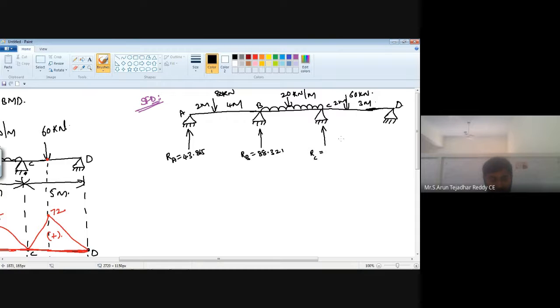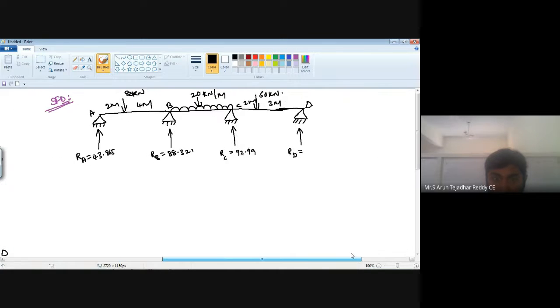RC is equal to 92.99. RD is equal to 14.824. Okay. Now here the span is 6 meter.